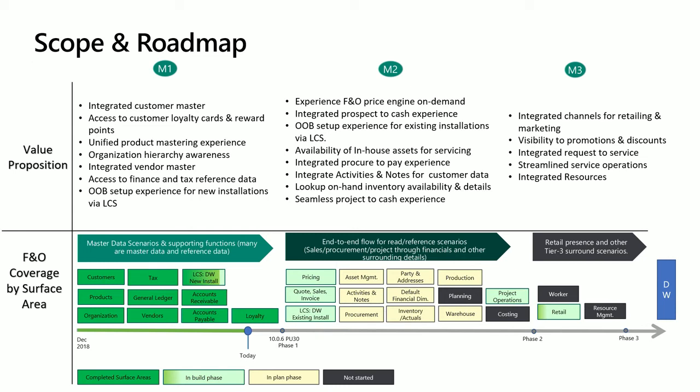So, as part of dual-write, we are harmonizing the concept, and we are exposing F&O pricing as an on-demand pricing functionality. Along with that, for whoever is already using prospect to cash functionality today in an asynchronous fashion, we are making the same functionality available in a synchronous fashion.